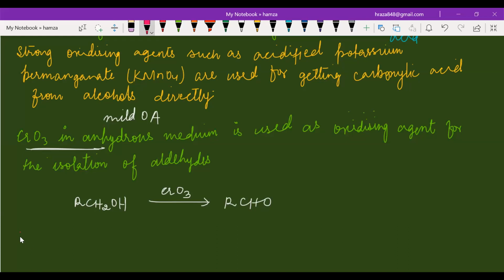There is another reagent that is known as PCC, that is basically pyridinium chlorochromate.